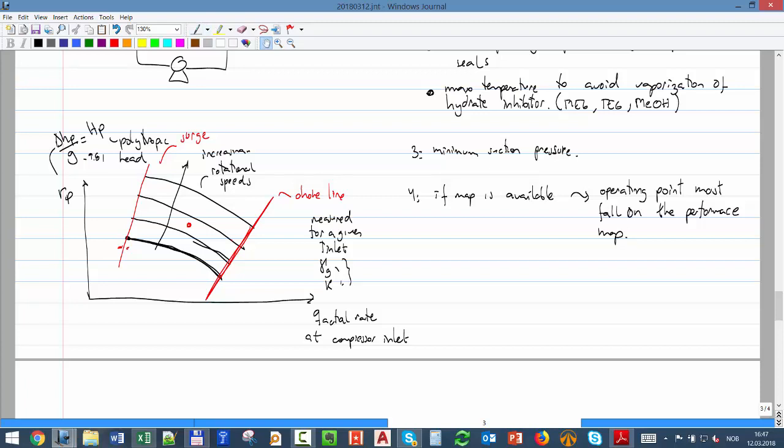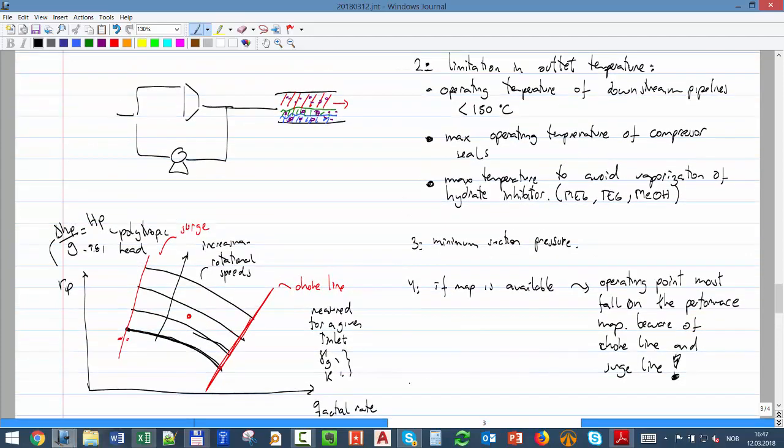Okay, so here I'm going to say just beware of choke line and surge line. We have quite a lot of constraints. The operation map is not always available.